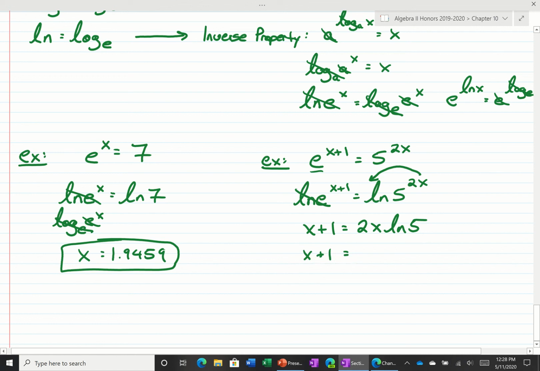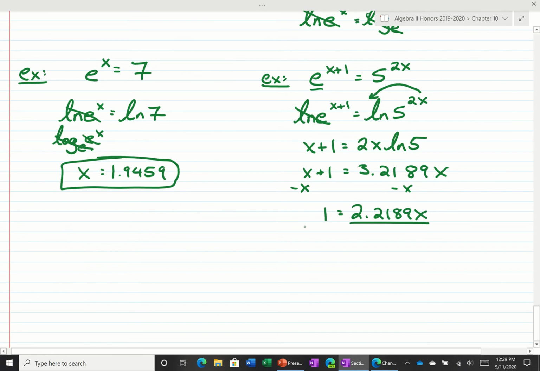So I'm going to have to figure out what this is on my calculator. 2 times the natural log of 5. And my calculator is telling me that is 3.2189x. Subtract x on both sides. We get 1 is equal to 2.2189x. And divide both sides by 2.2189. And my calculator is telling me that that's 0.4507.